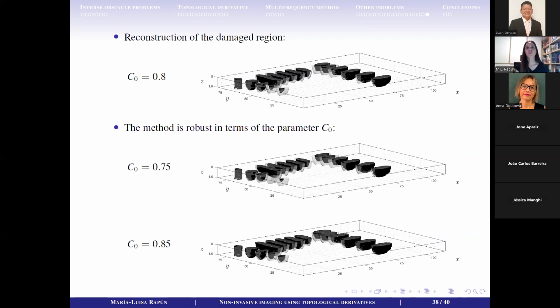And it's also important that the method is robust in terms of this parameter. So if I slightly change this parameter, then the reconstructions are very close. So you can see here the trespassing hole, which is identified as a trespassing hole, and all the other defects are identified as they are, as only carved in the plate, okay?